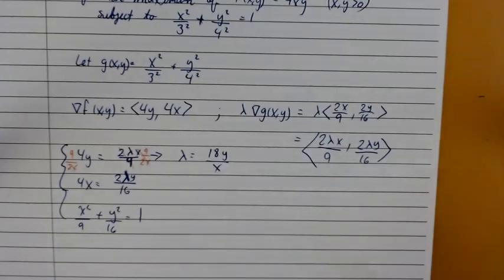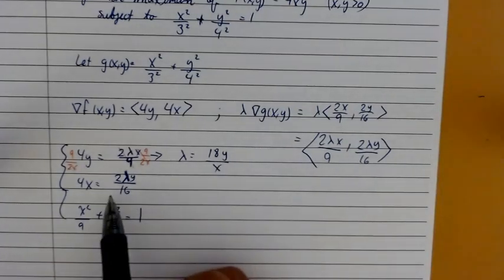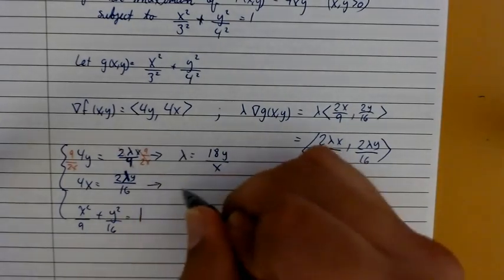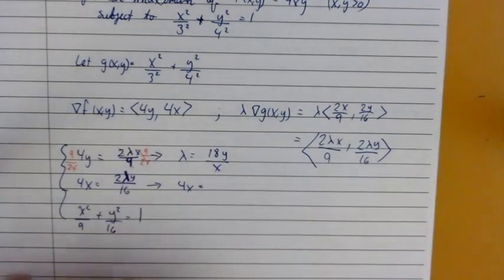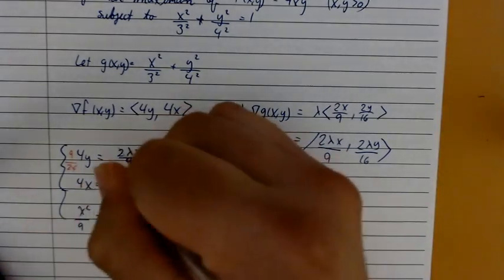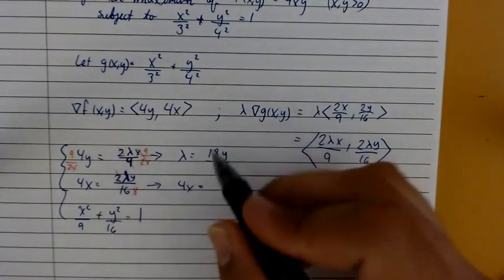Now take that and plug it into your next equation. That's going to be 4x equals, here 2 over 16 is just 1 over 8, so let me write that as an 8 right there. That's going to be lambda times y over 8.